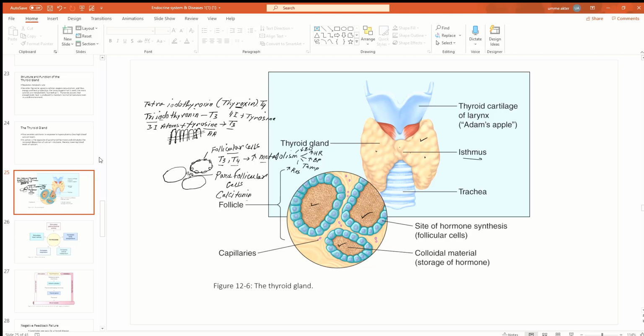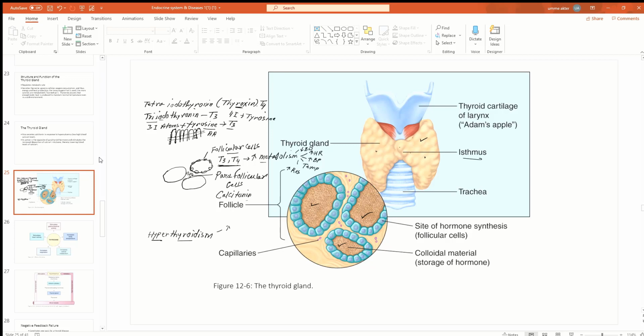And if this is a clinical condition, increased T3 and T4, that is called hyperthyroidism. Hyperthyroidism can cause increased production or release of T3 and T4. Hyper means more. Thyroid function will do what?